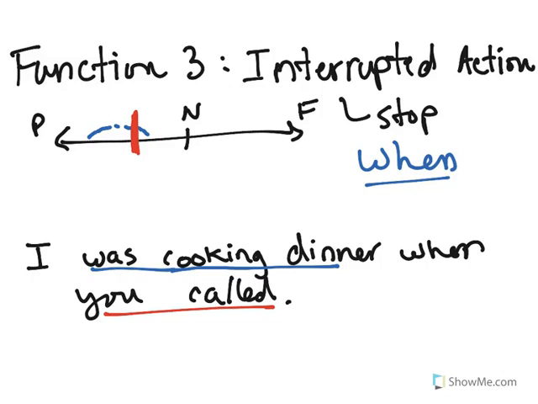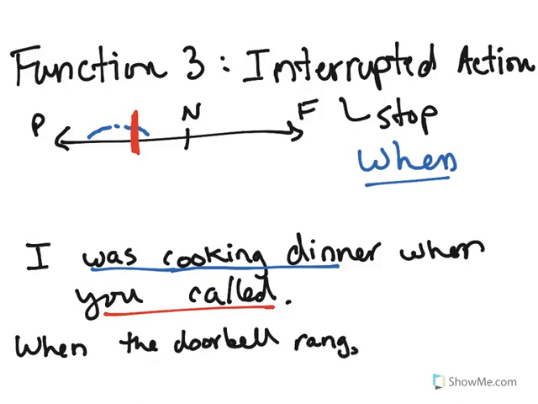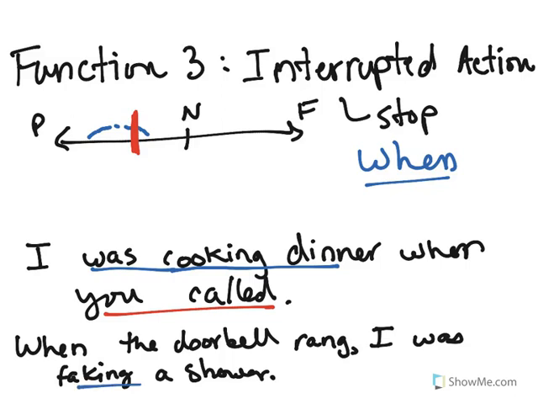Let me just give you one more example. When the doorbell rang, I was taking a shower. Right? This is the action in progress. This is the action that interrupts.